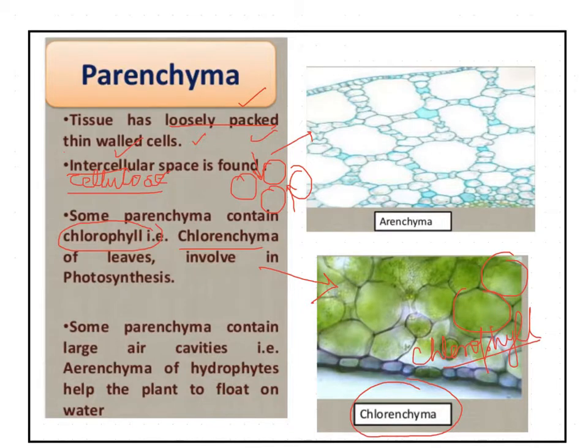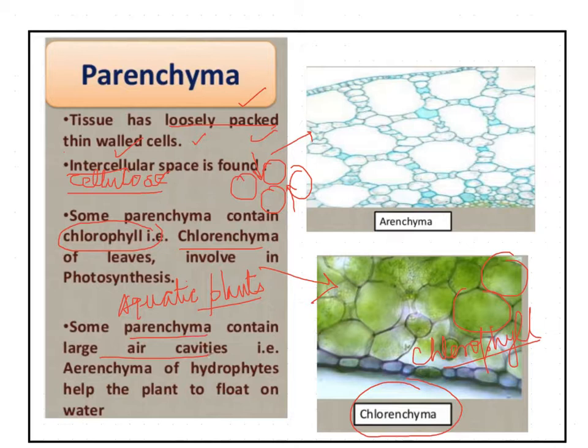Clear? Now in case of aquatic plants, what are aquatic plants? Who will tell me? Aquatic plants means the plants which are present in water. वो plants जो पानी में present होते हैं, ठीक है? आपने देखा होगा कि जो plants पानी में present होते हैं, they can easily float on the surface of water. तो how does this happen? So जो parenchyma tissue है aquatic plants में, इसमें air filled होती है.